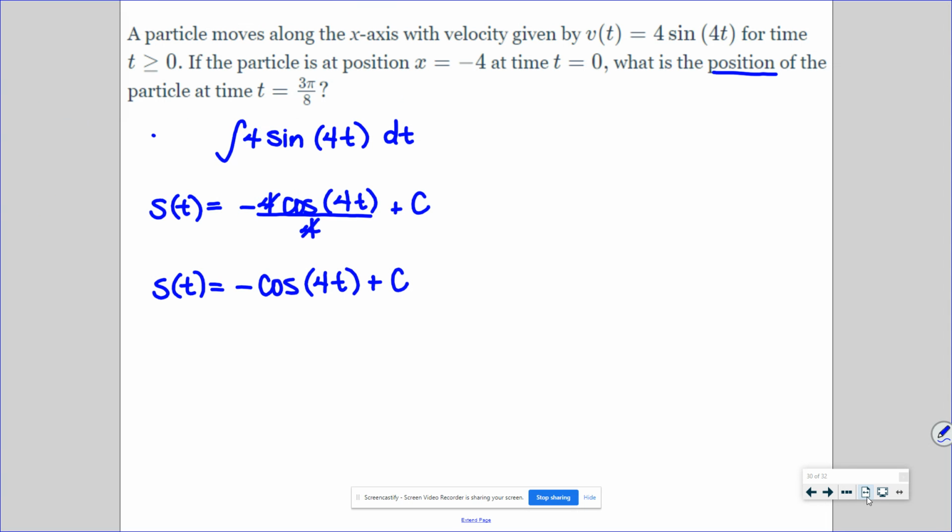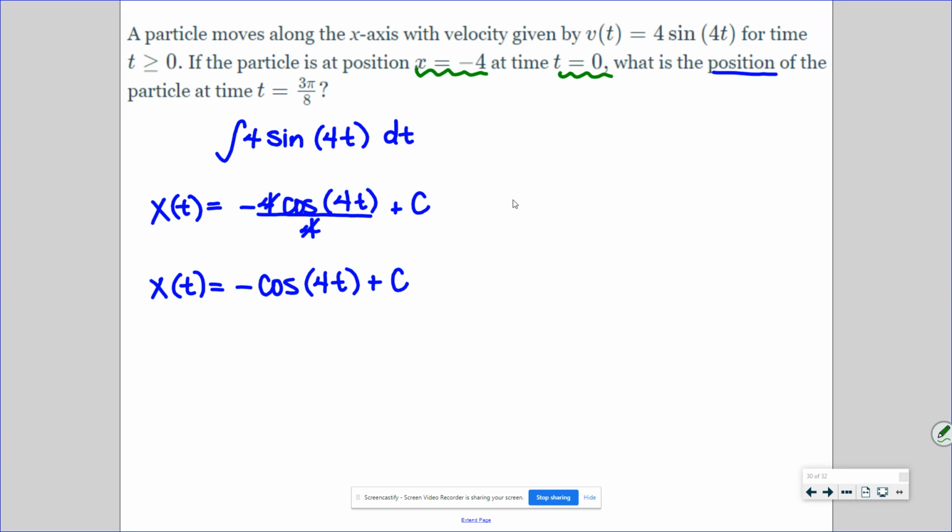Okay, that's step 1. Step 2, you are going to take this value and this value and you are going to plug them into the function. Actually, I'm going to change this s of t to x. Sometimes it's called x of t, meaning the x value is the particle's position.